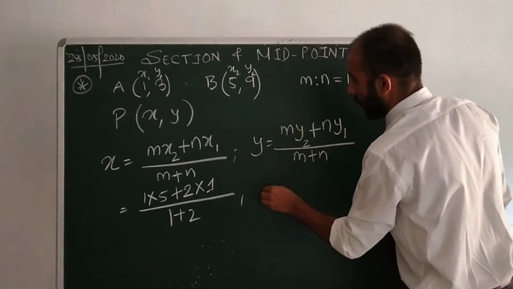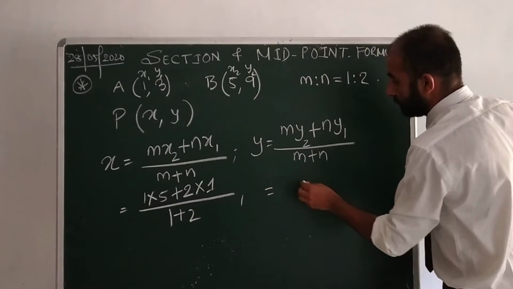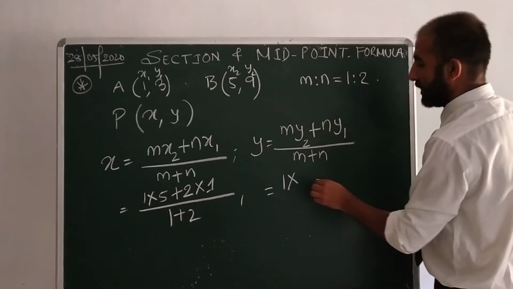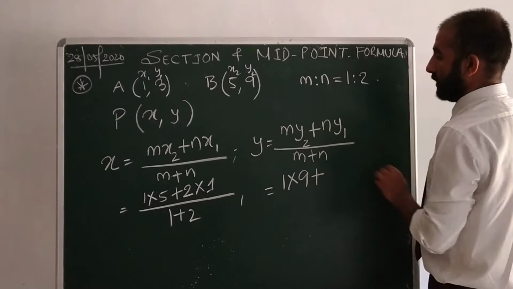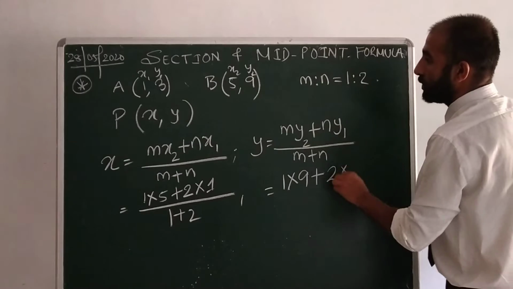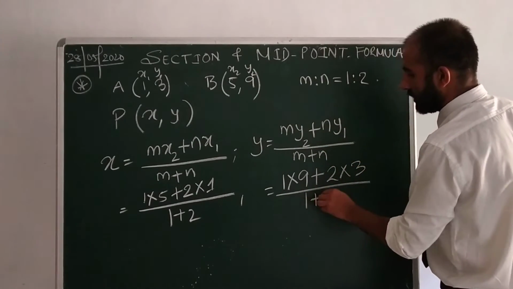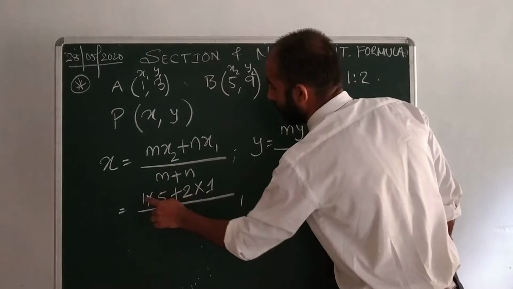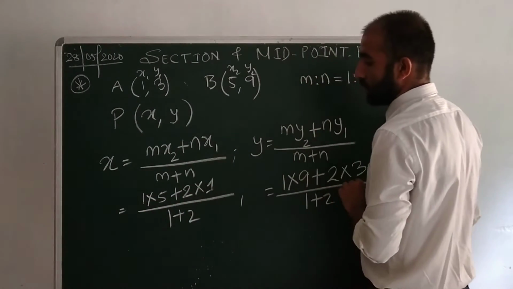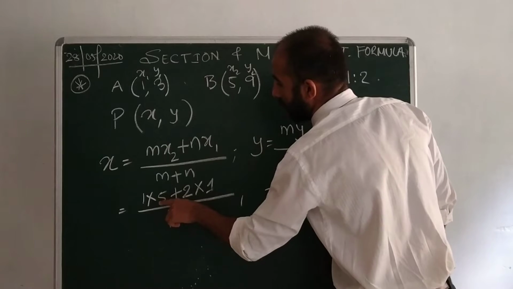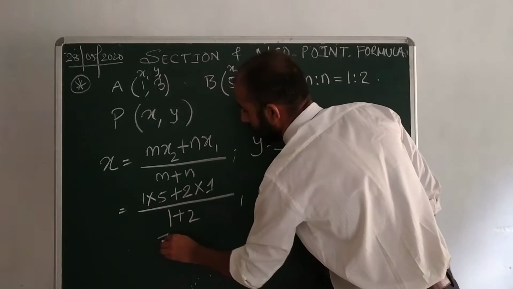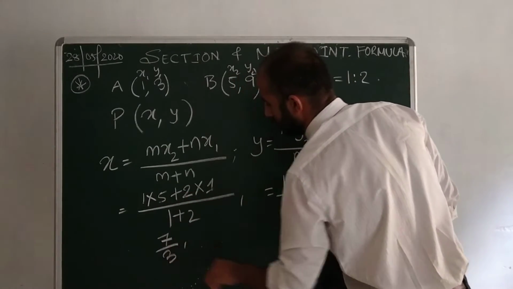Similarly for y: 1 into 9 plus 2 into 3, divided by 1 plus 2. So 5 ones are 5, 2 ones are 2, that means 5 plus 2, 7 by 3.